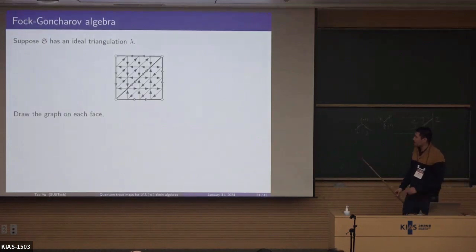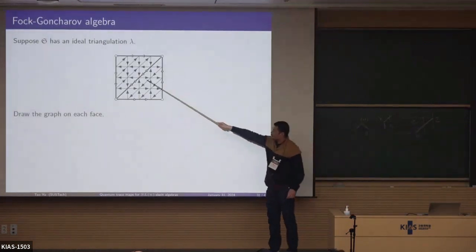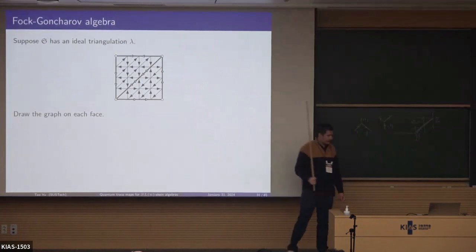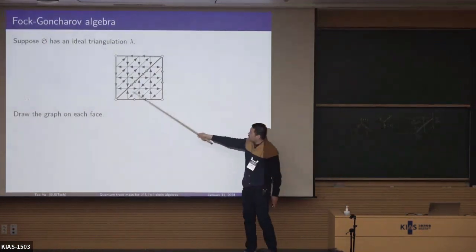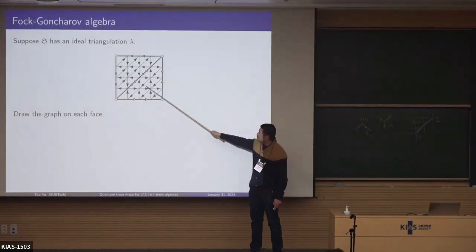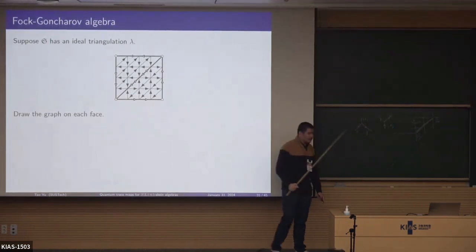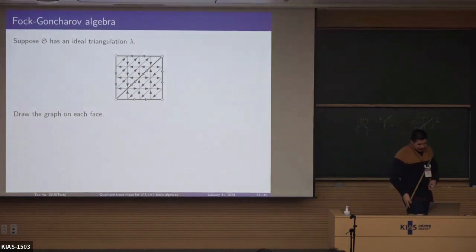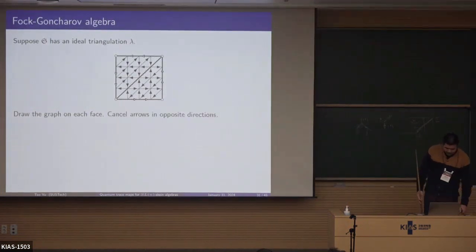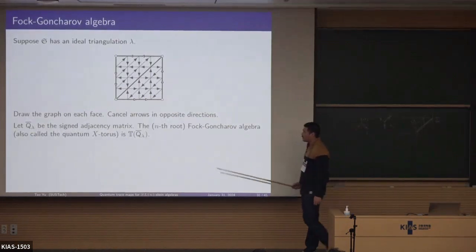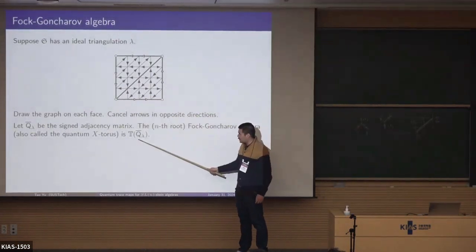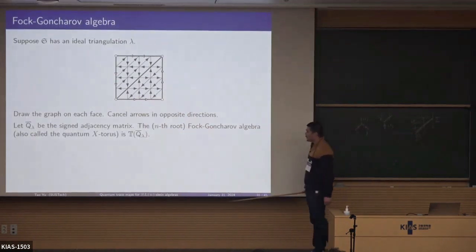For a surface, what you do is draw the same graph on each triangle. You'll notice that on the edge where these triangles glue, you have two hollow arrows, but in opposite directions. You cancel them. When we look at the adjacency matrix of this graph, this is going to give the Fock-Goncharov quantum torus.